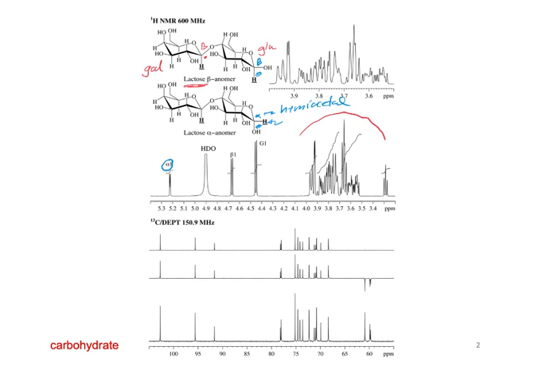Because it's equatorial to axial. And so this one has this small coupling constant, whereas the beta anomer here has the hydrogen being axial, and so it has this diaxial coupling. And so that has a larger J here. So alpha 1 and beta 1.